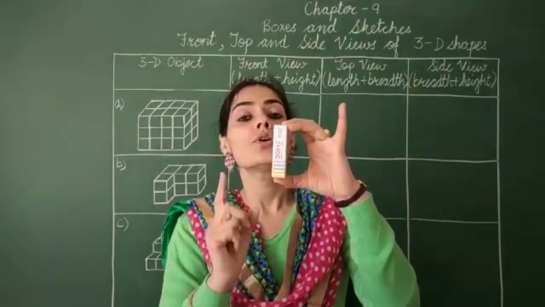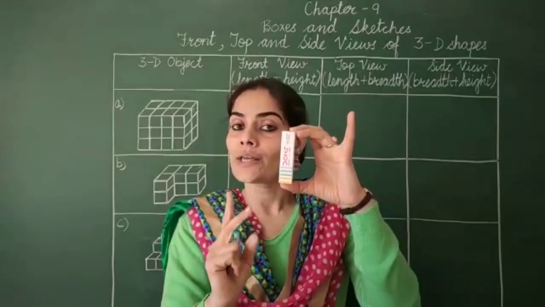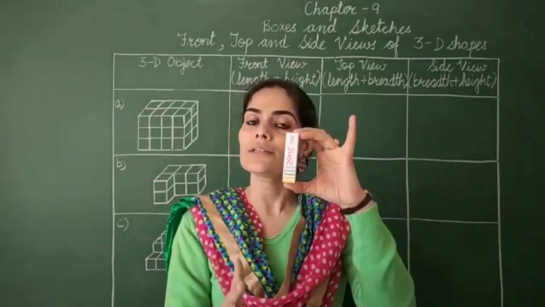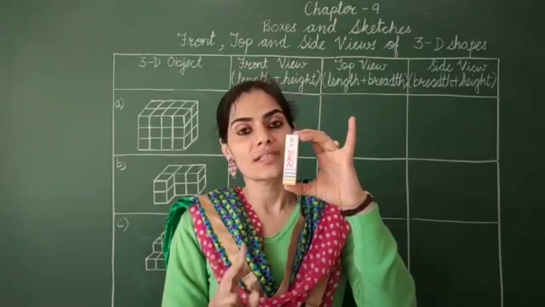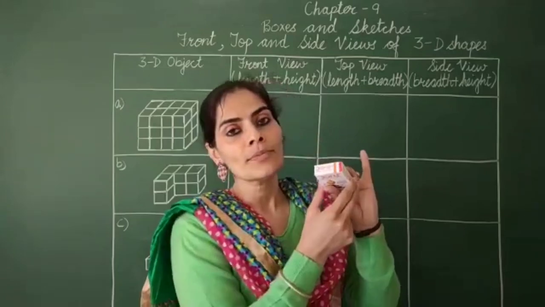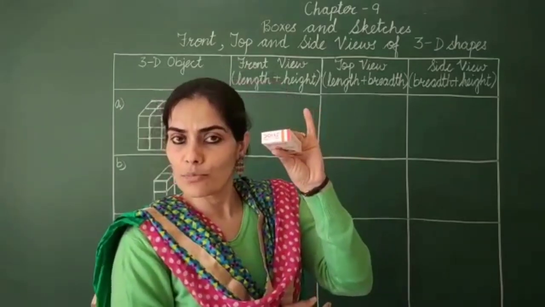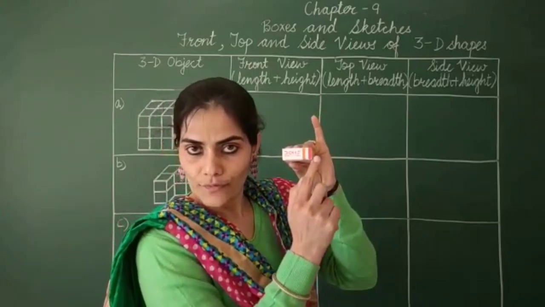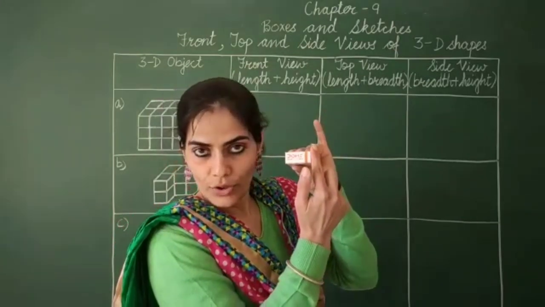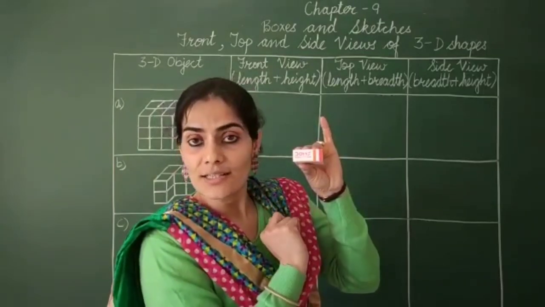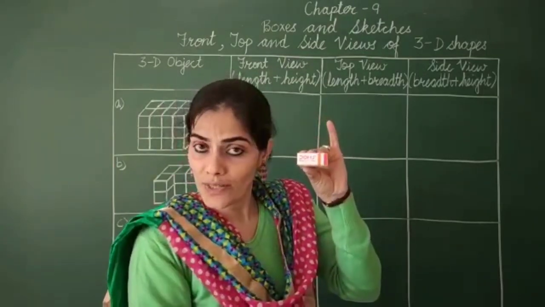No. So, in one view, you are able to see only two dimensions, whether it is front view, side view or top view. Now, let me show you the top view of this box. Now, you are able to see the length of the box, the breadth of the box, but you are not able to tell what is its height because that's not visible.